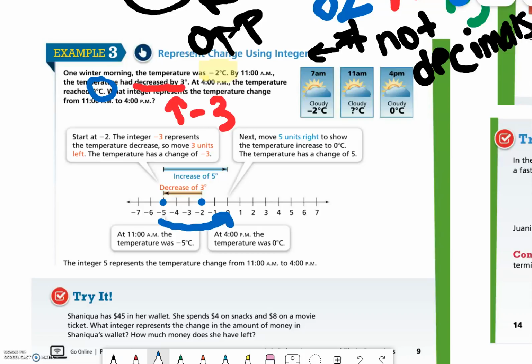But I can see on the number line, in order to go from negative 5 to 0, we have to increase by 5. So we move 5 units to the right to show the temperature increase to 0 degrees. So the integer 5 represents the temperature change from 11 a.m. to 4 p.m.